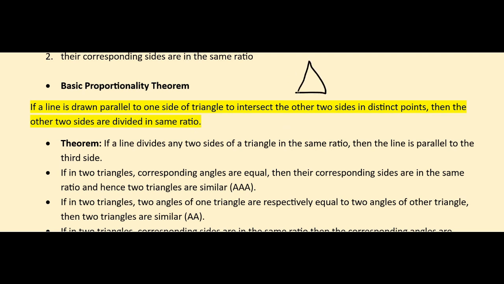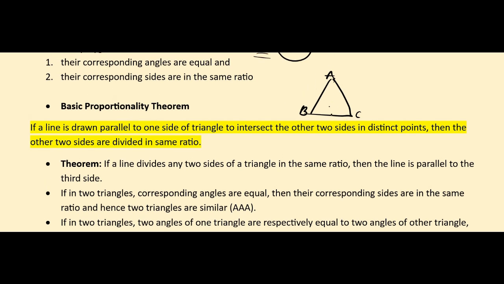For example, let us name this triangle ABC. Let us draw a line DE which is parallel to one side of the triangle, this side BC.